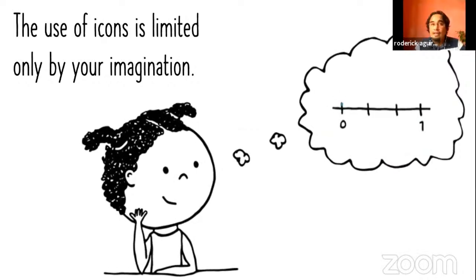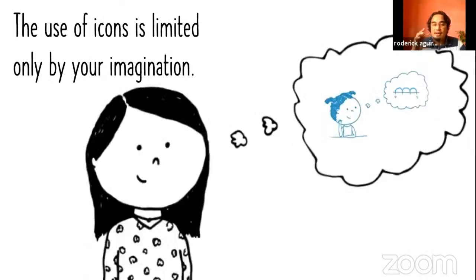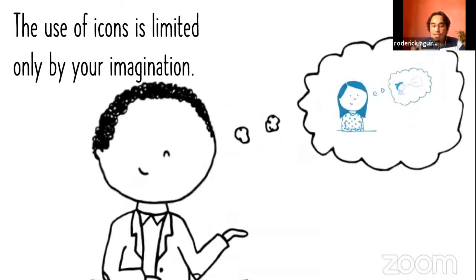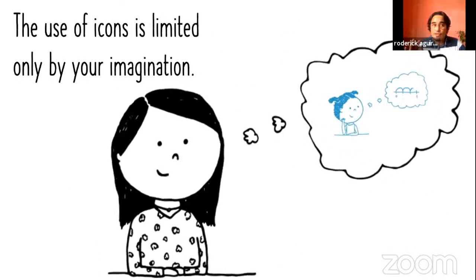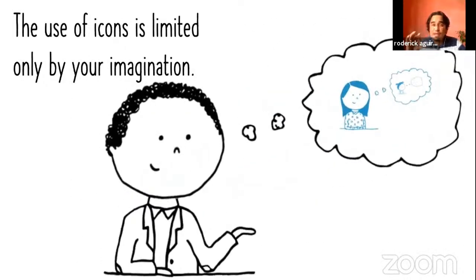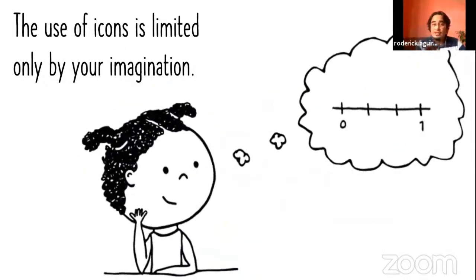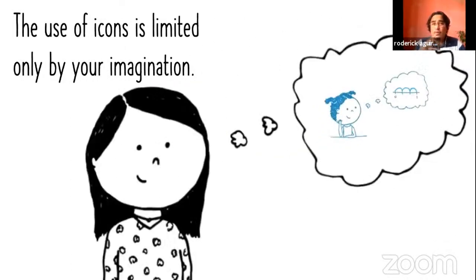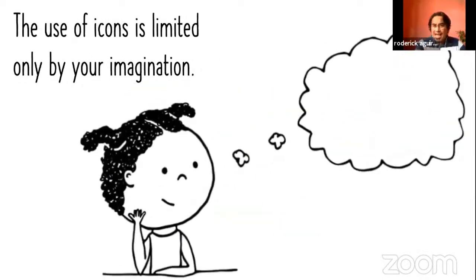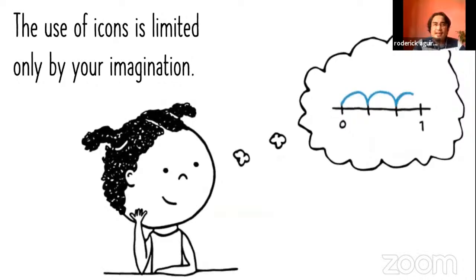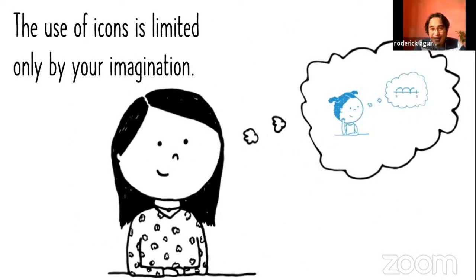On that note, what I'm trying to say is that we have to lessen a lot of words, focus more on the essential information that we would like our students to understand, and then supplement those words with icons. It could be in the form of tables, pictures, graphics, or it could be animated. The point there is that i-combine po natin.